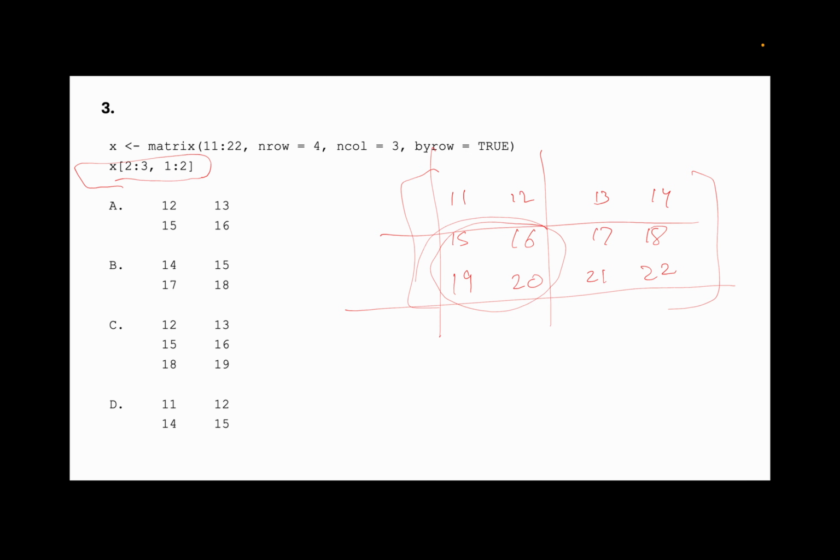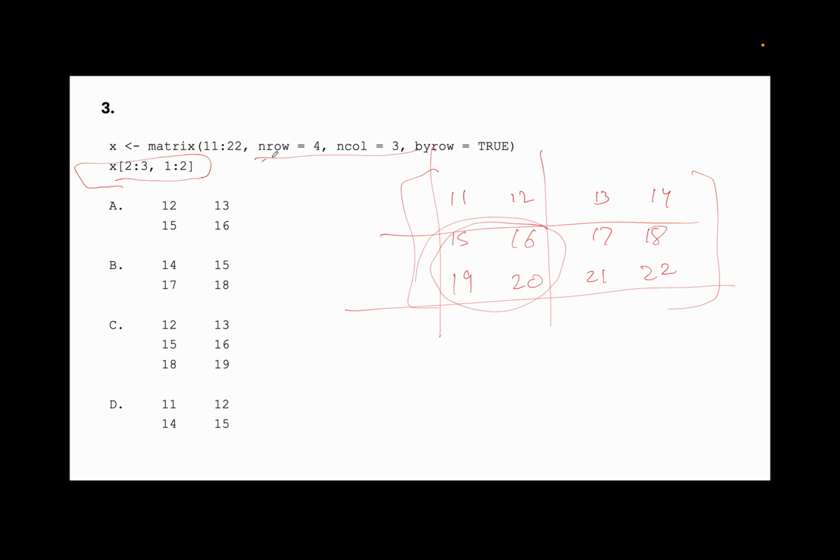Okay, ignore that. That's how I can subset any rows and columns: first those rows and then those columns. Again I wrote it the wrong way, sorry.